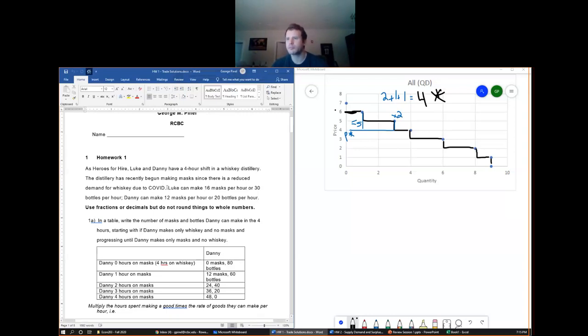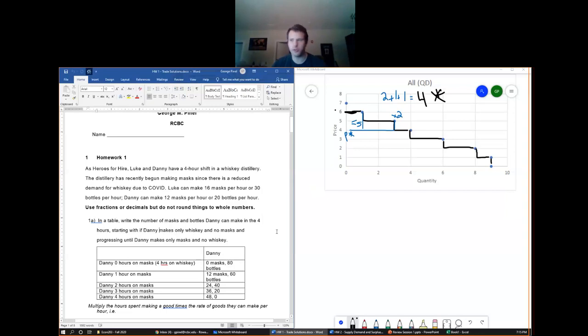All right, so Luke makes 16 masks per hour or 30 bottles per hour or some combination in between. Danny does 12 or 20. In a table, write the number of masks and bottles that Danny can make in the 4 hours, starting with Danny makes only whiskey and no masks, and progressing until Danny makes only masks and no whiskey.